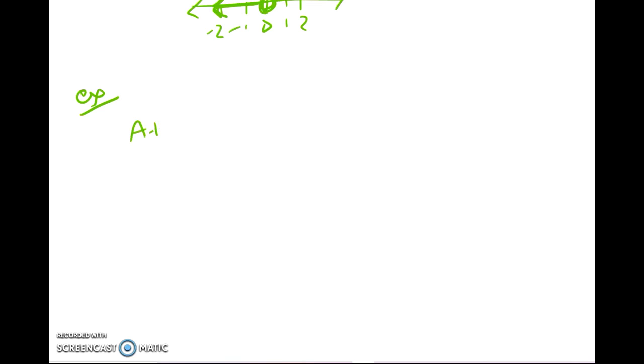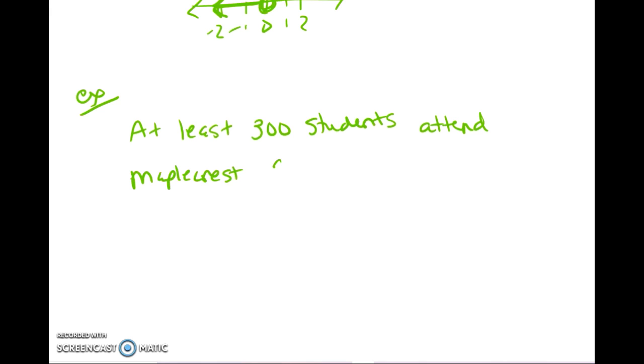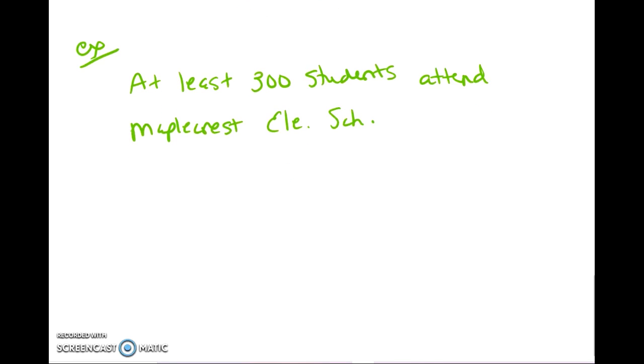So if I had something like, at least 300 students attend Maple Crest Elementary School, we'll say. How would we write that as an inequality?